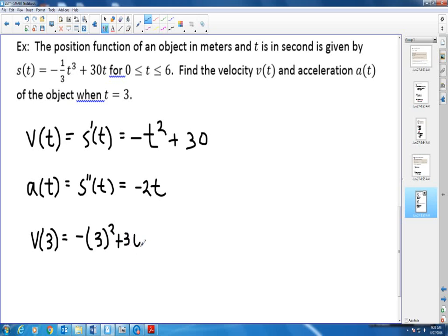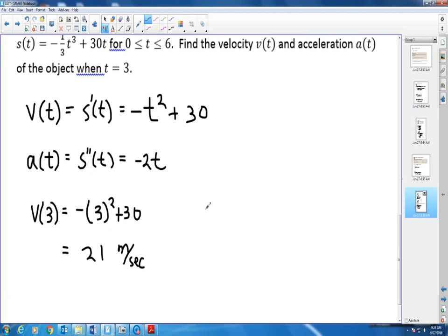That will give me positive 21. Since the object is in meters, that will be 21 meters per second. So the instantaneous velocity at 3 seconds is 21 meters per second.